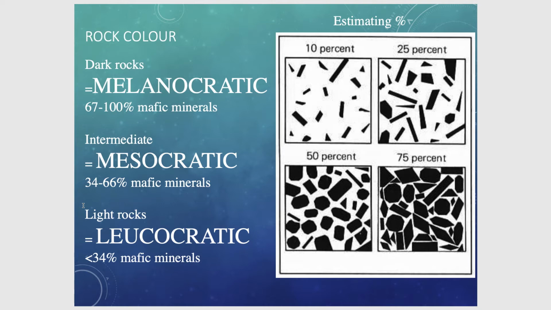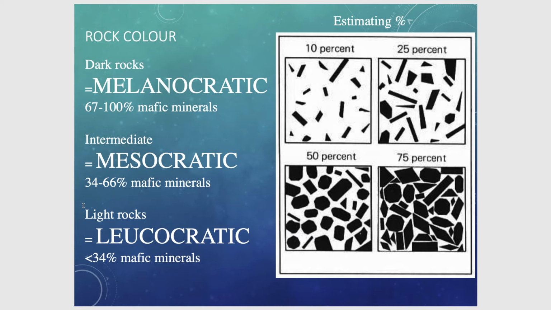To classify the rocks, it's important, and I mentioned this at the beginning of the lecture, to get you familiar with the terminology that we use. So I might ask you if you think a particular specimen is a melanocratic rock, a mesocratic rock, or rather a leucocratic rock.